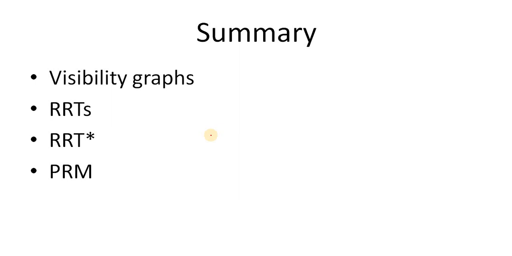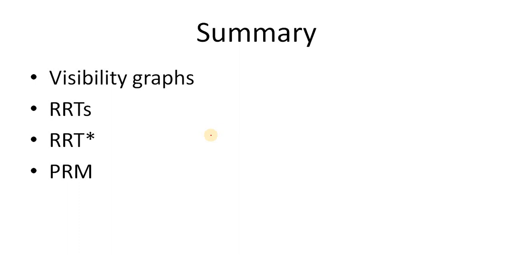Then we talked about the RRT star algorithm, which was an improvement on the RRT algorithm. Here we use a technique called rewiring. It was similar to the RRT algorithm, but the difference was that whenever we select a new node, we also see the neighboring nodes, and if we find a better or shorter path, then we change the parent of this new node to that nearest, closest node.